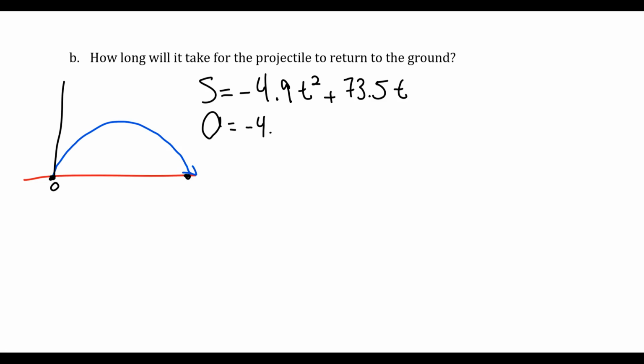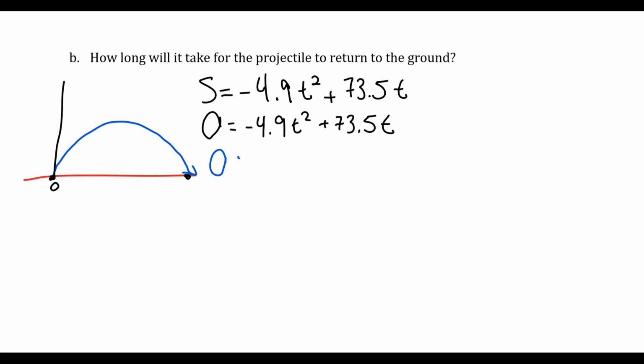So I have 0 is equal to negative 4.9 t squared plus 73.5 t. Now I'm just going to factor out whatever's common. I can use the quadratic formula, but I'm just going to factor out my greatest common factor. And even if I don't know my numbers, I can see that there's a t in both of them.